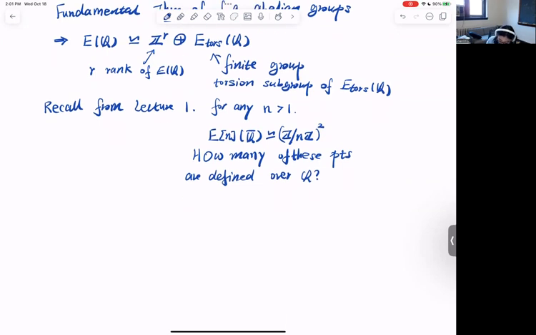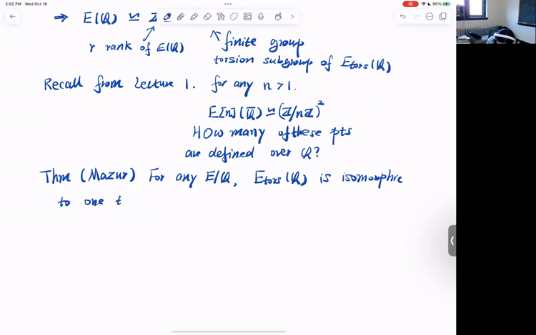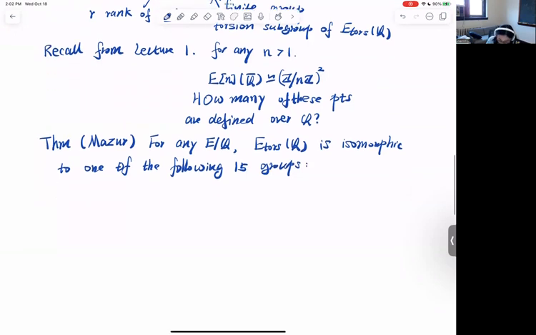By the work of Mazur, Mazur showed that for any E over Q, the torsion subgroup is isomorphic to one of the following 15 groups. There are only 15 possibilities for this torsion subgroup.